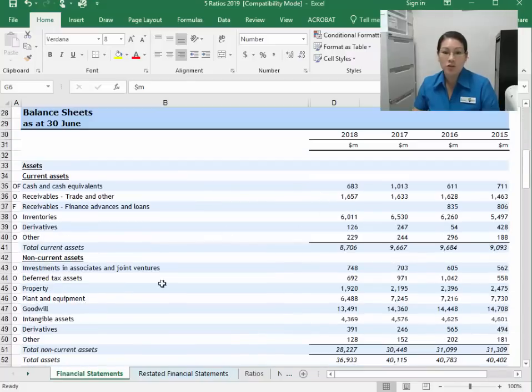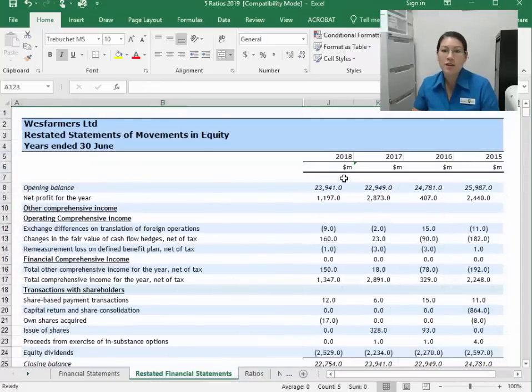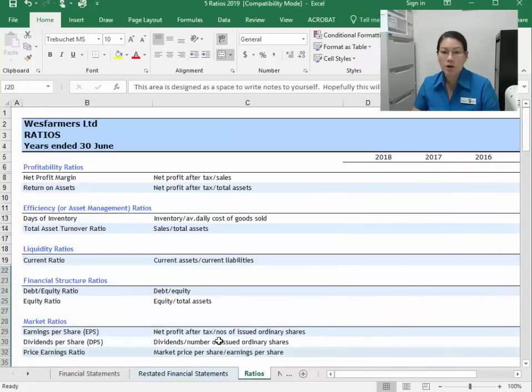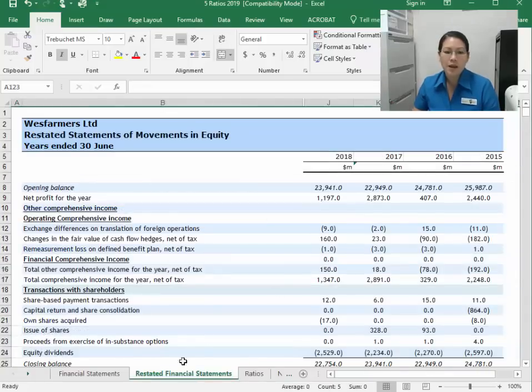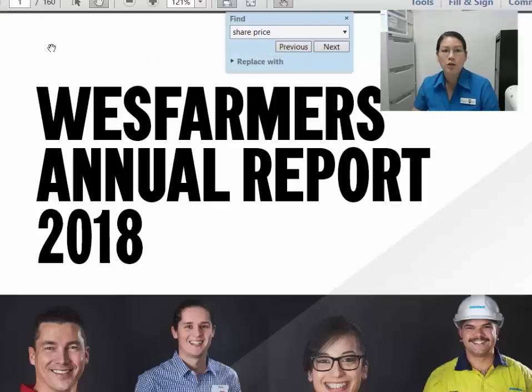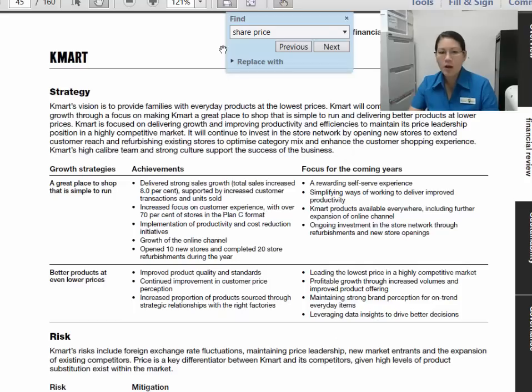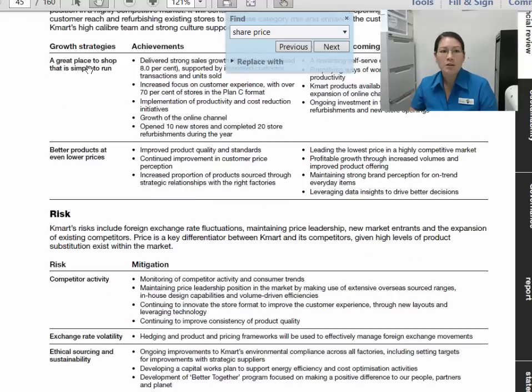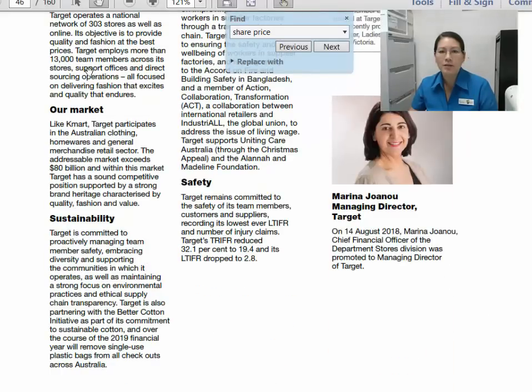And that literally flows through everywhere in my original financials, as well as through to my restated financials as well, which is good because I'm going to need to link to both of those for my ratios section. Now, again, if you're not sure what your financial statements are denominated in, which hopefully you should by now, you can always go through to your financial statements and have a look.